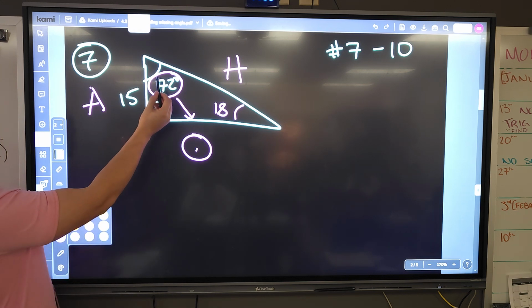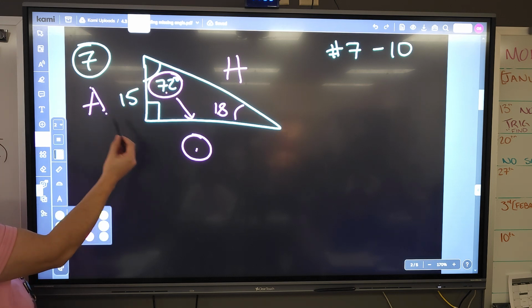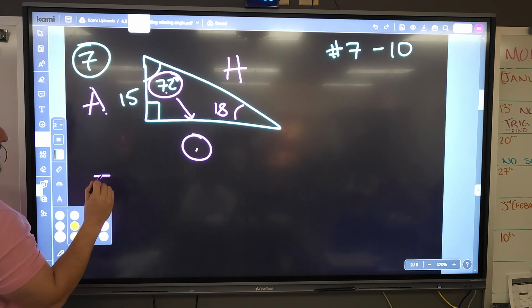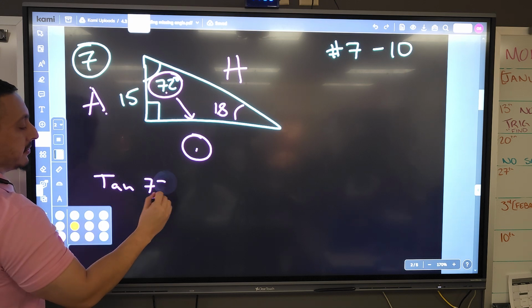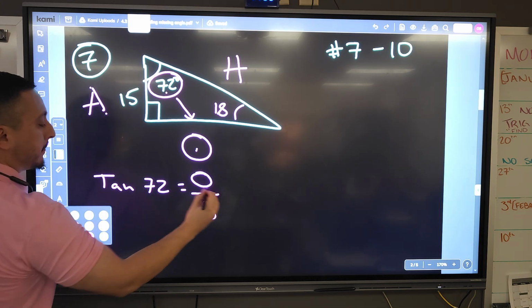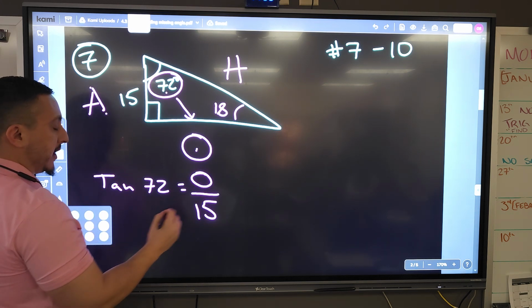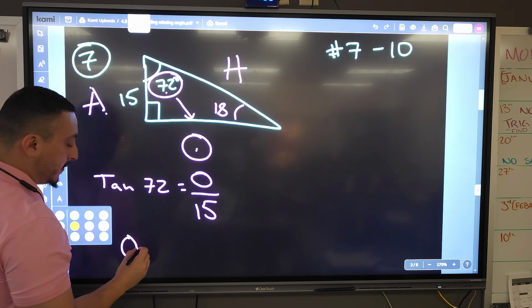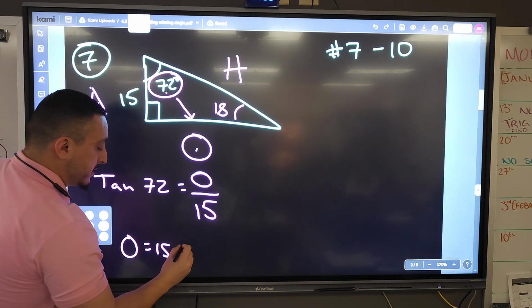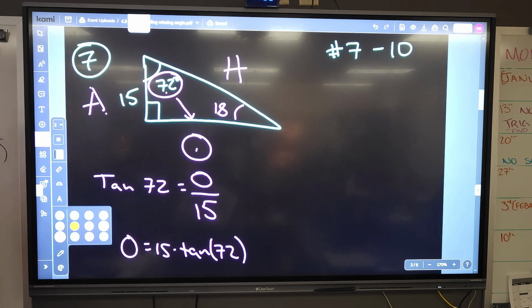So for O, I have angle A. I need O. So it's an OA problem. TOA. So tangent of 72 equals O over A. That's what you did yesterday, right? You're finding the missing side. So side O would equal 15 times tangent 72, because I multiply both sides by 15.